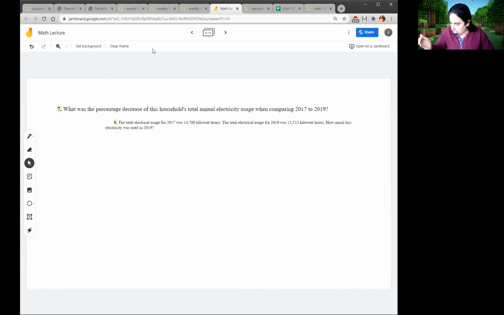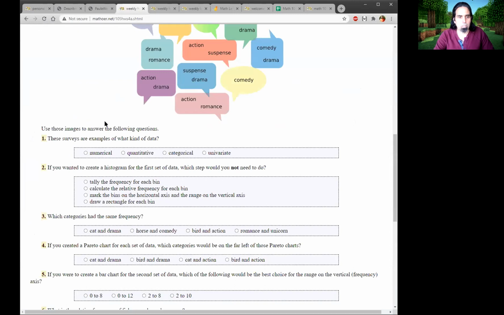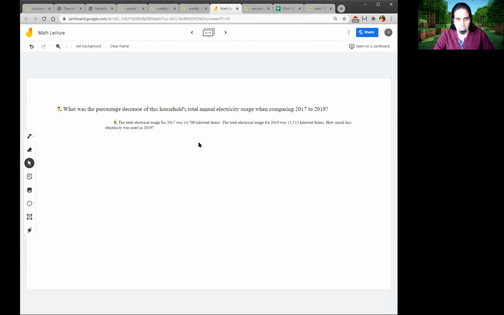Okay, I'm rolling my die again. 1. Surveys are an example of what kind of data? So this one for the quiz, I might ask you to make up an example of this kind of data. Numerical, again, that the categories themselves are numbers.